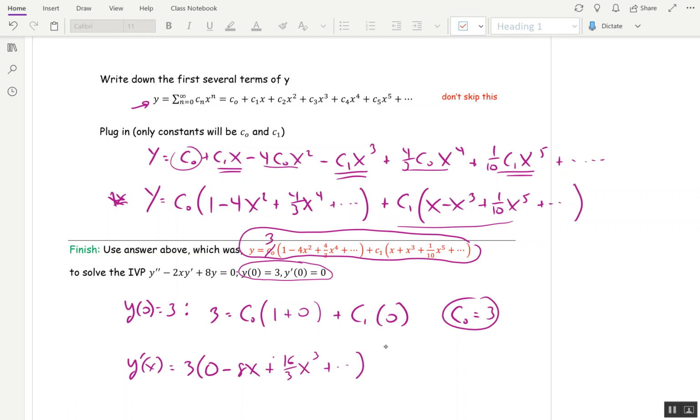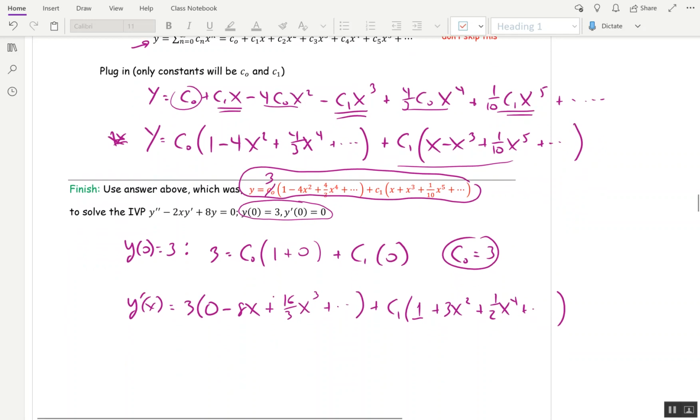And then over here with my C1, I get plus C1, take the derivative of every term. The derivative of x is 1. And then the derivative of x cubed is 3x squared. And the derivative of the next guy is going to be 1/2 x to the fourth, dot dot dot, that's enough. Now plug in the initial condition that y prime of 0 is 0.